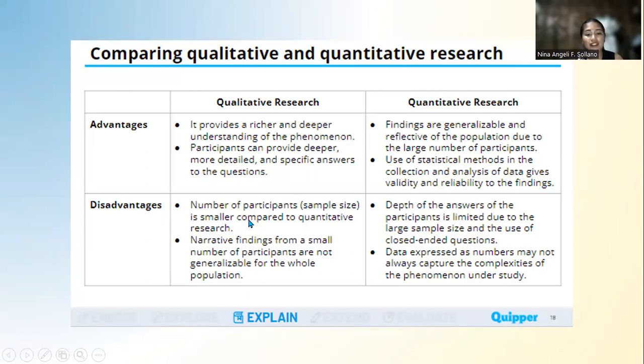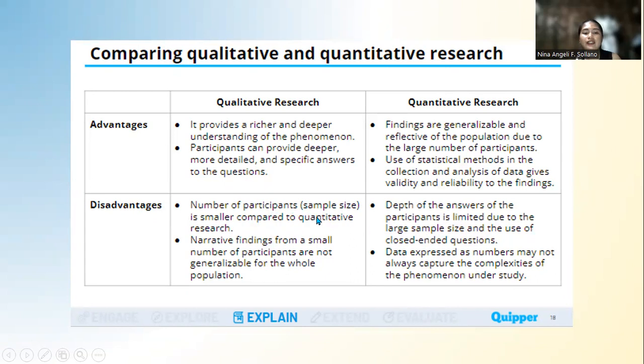Next, we have the disadvantages. In qualitative, the number of participants is smaller. But here in quanti, participants are limited due to the large sample size. And in quali, it uses open-ended questions, while here it is closed-ended questions.